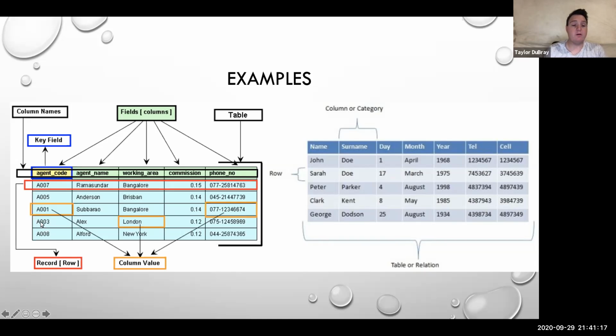Each record or row, as you can see across the whole thing, reading left to right, is a row. Records usually start from a primary key. Here in this case, it's agent code, and the column category is going to be name. So each one has its own primary key.